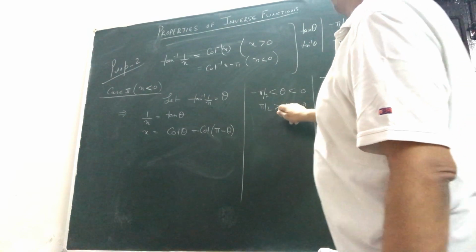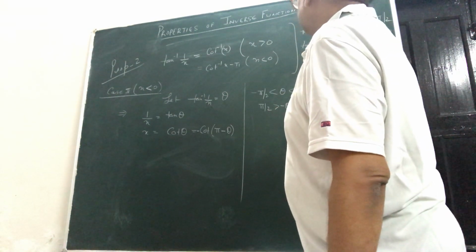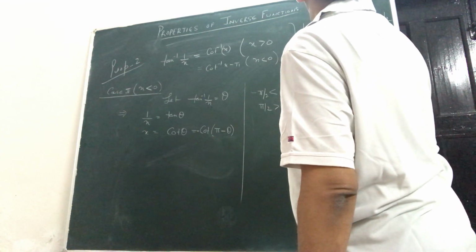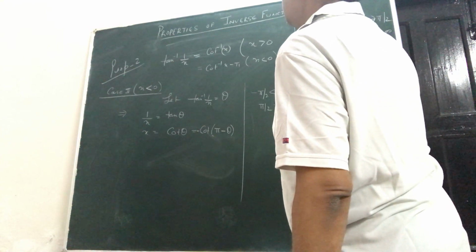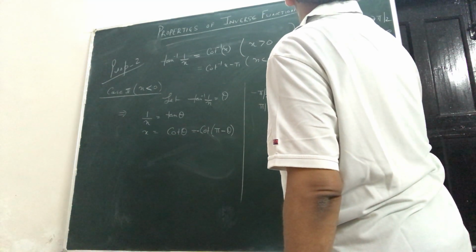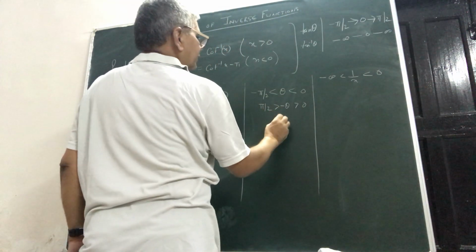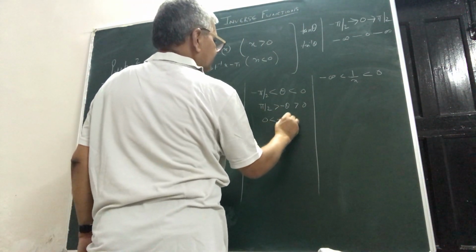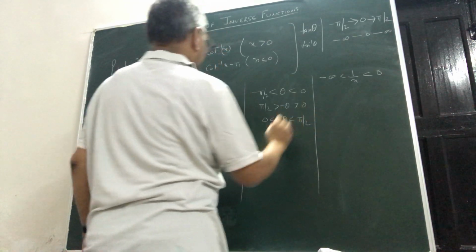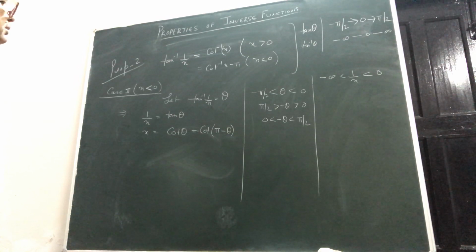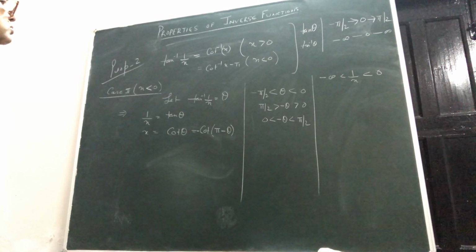So theta will lie where? Minus theta will lie here. x is less than 0. Okay, minus theta is this thing. So it means that 0 is less than minus theta is less than pi by 2. So if you add pi by 2 here, I think we will get to the point, or not.